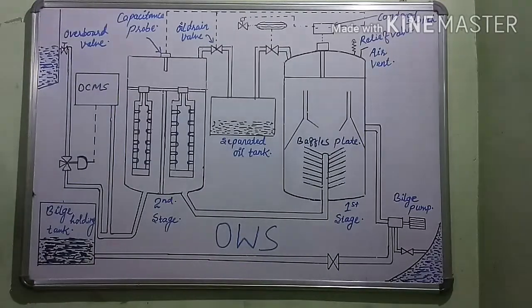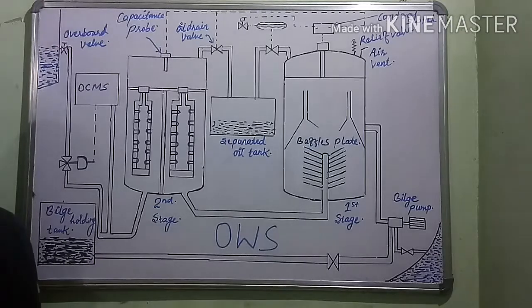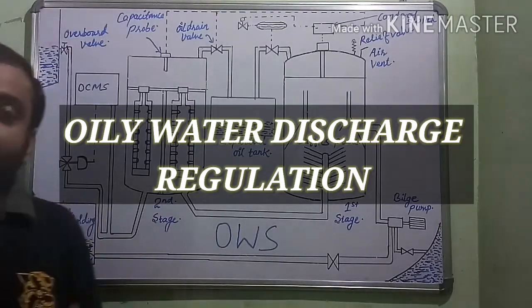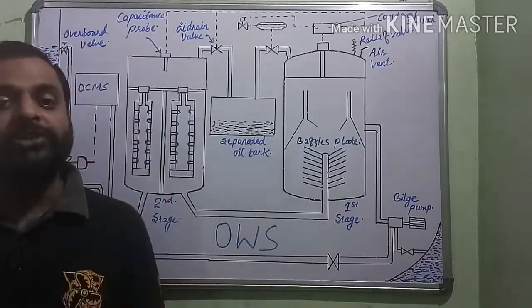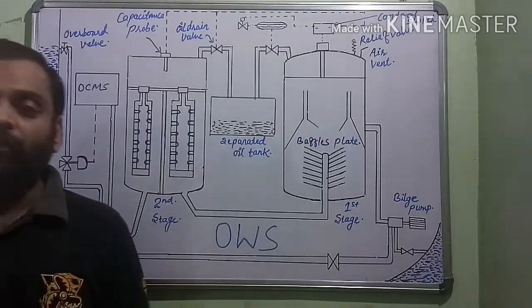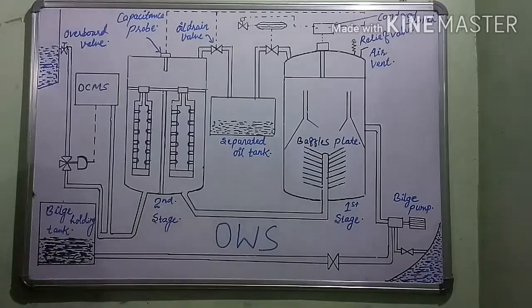That is why there are some standard rules and regulations made by MARPOL 73/78 which must be followed, and those are called the oil water discharge regulations. Let's discuss all these rules and regulations one by one.